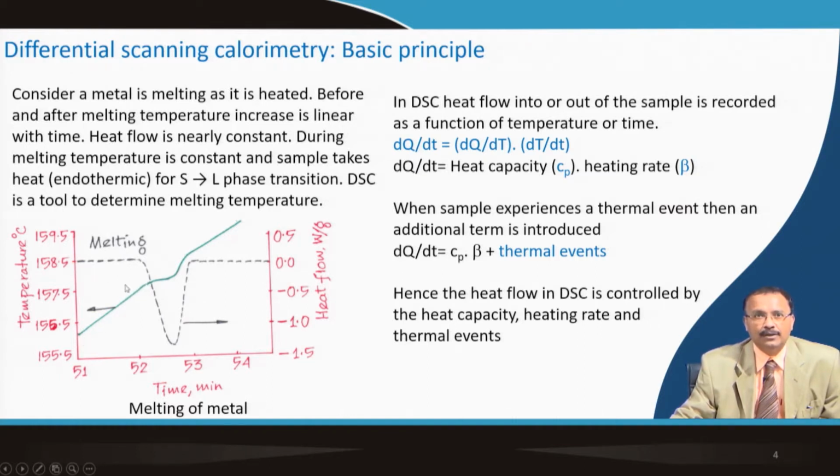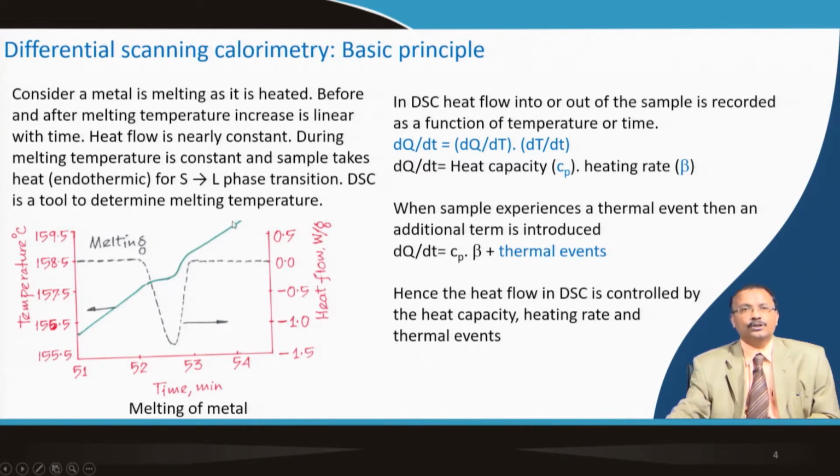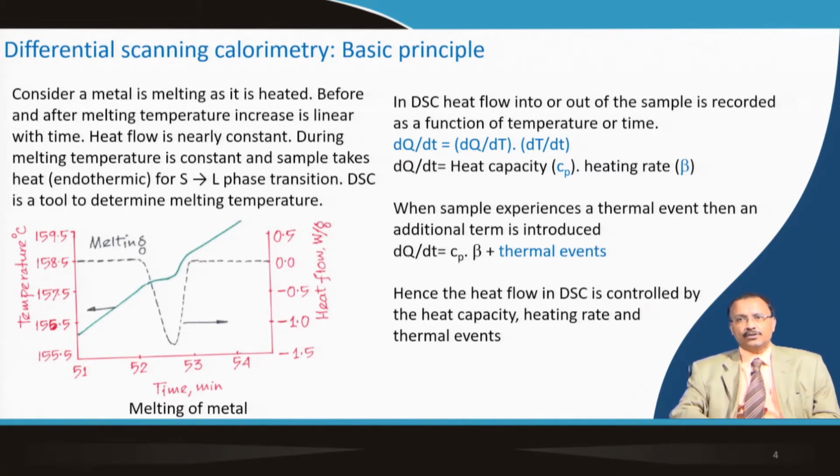Whenever melting takes place, the temperature remains almost constant, then again it increases. So, during melting the temperature is constant and the sample takes up heat, which is endothermic for this solid to liquid phase transition. So, DSC is a tool to determine the melting temperature.